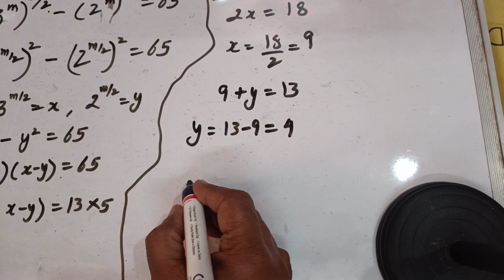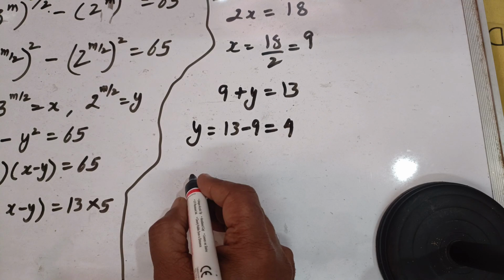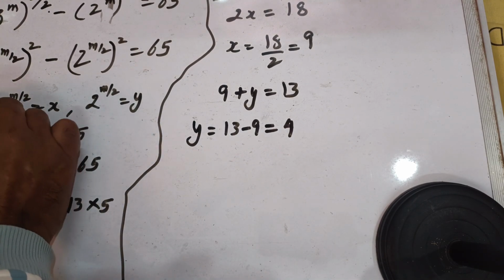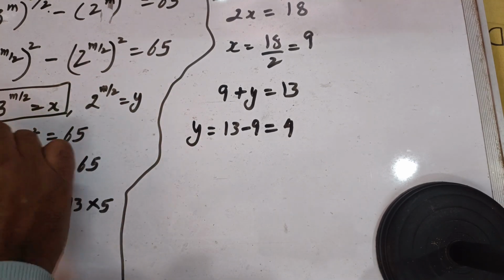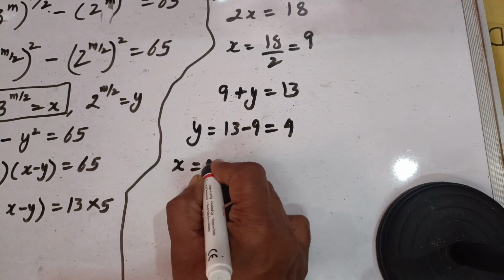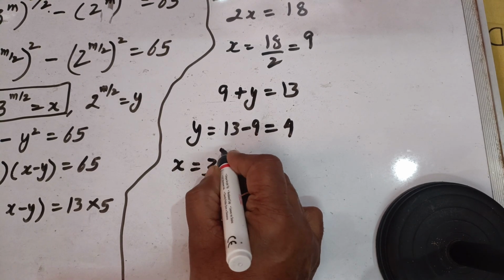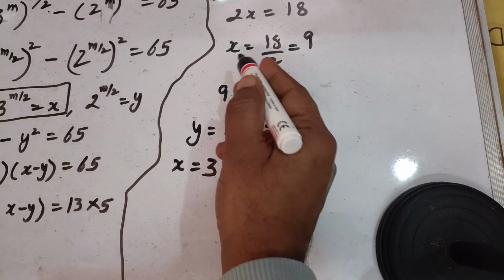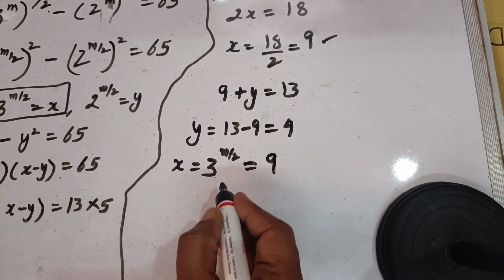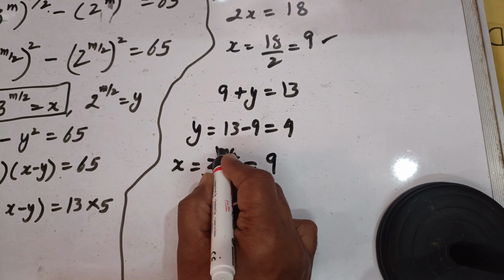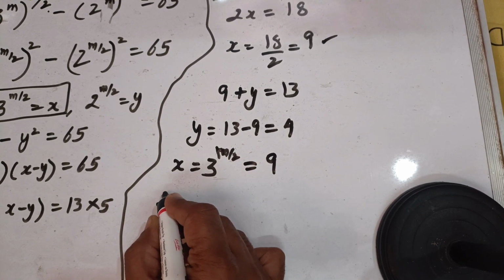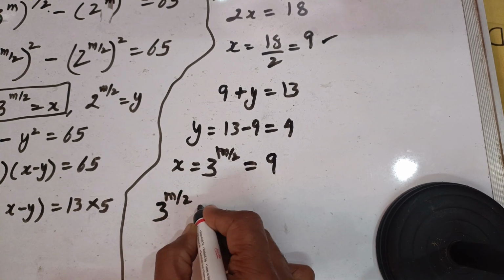Now, please remember that we have assumed x is equal to 3 raised to the power m by 2. So our x, which is 3 raised to the power m by 2, we have found to be 9. So 3 raised to the power m by 2 is equal to 9.